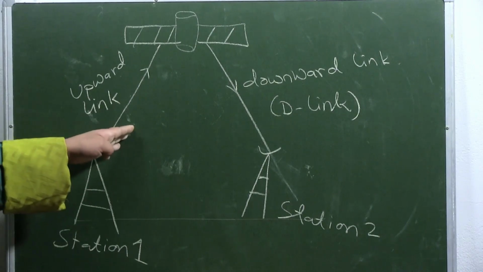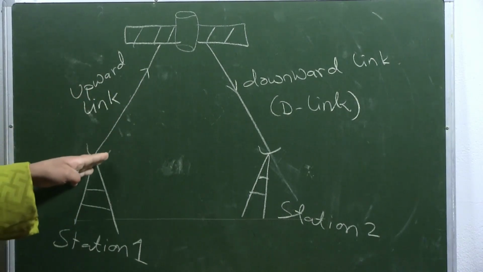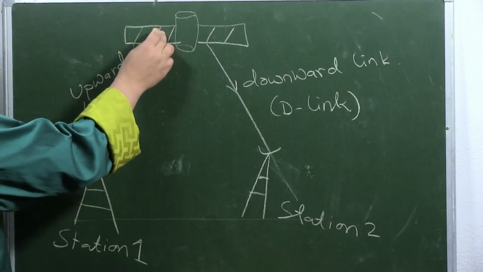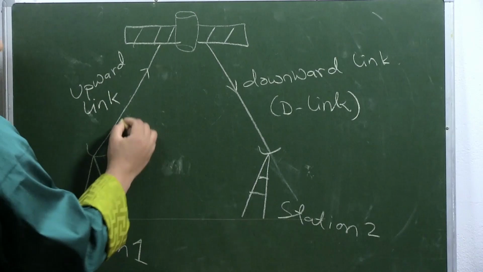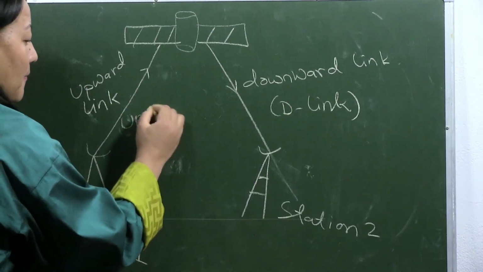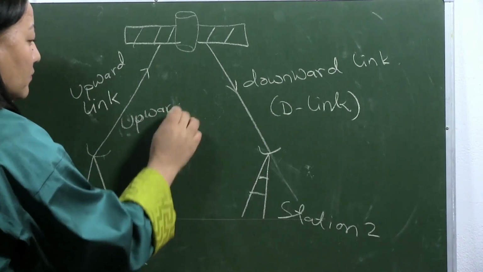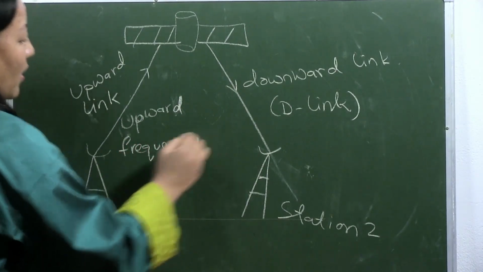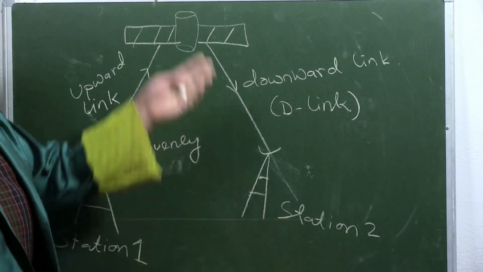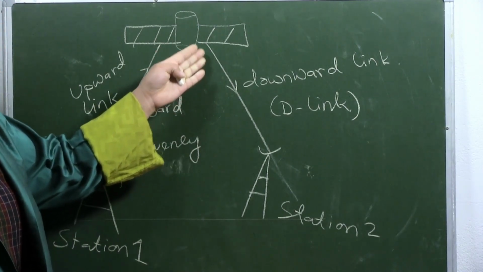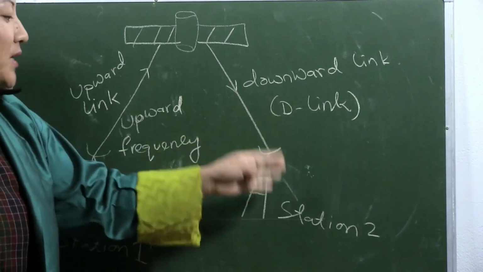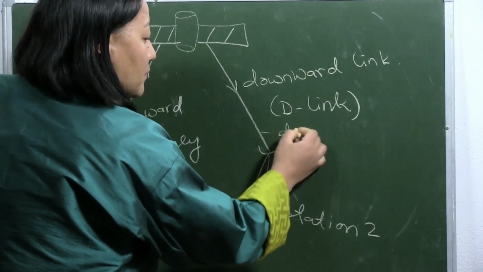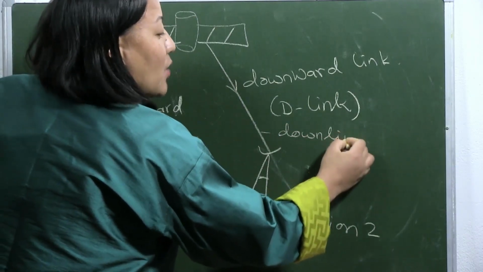The frequency with which the transmitter transmits the information from ground to satellite is known as the uplink frequency. And the frequency with which the satellite resends the signal to the other station is known as the downlink frequency.